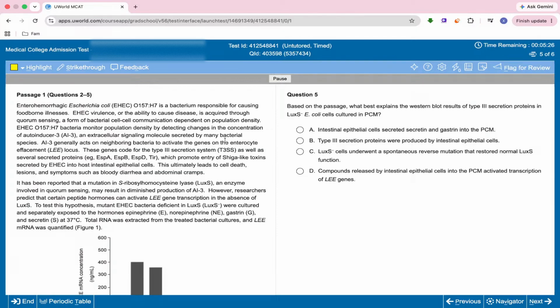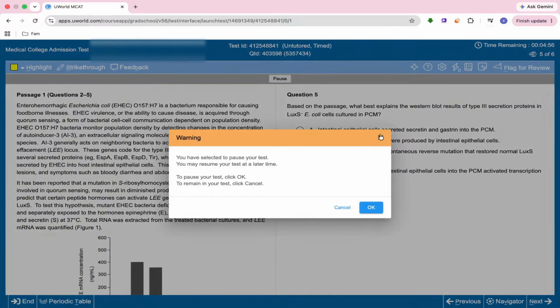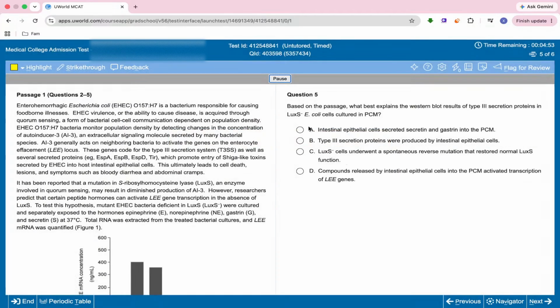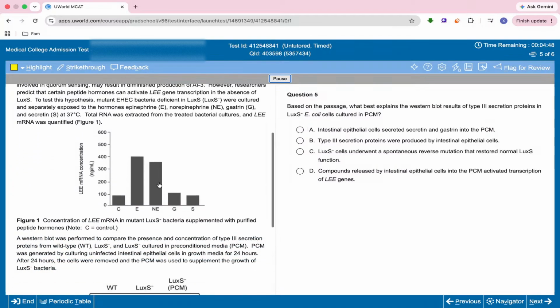I think I have that right. Based on the passage, what best explains the Western blot results of type 3 secretion proteins in LuxS E. coli cells cultured in PCM?